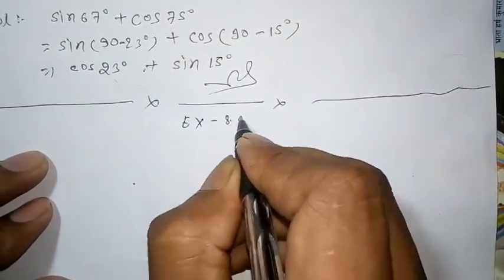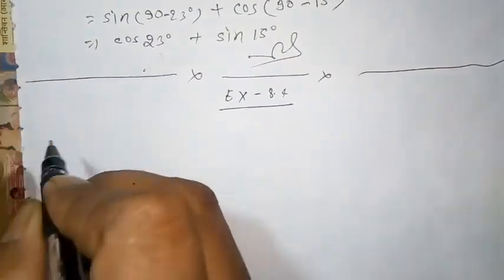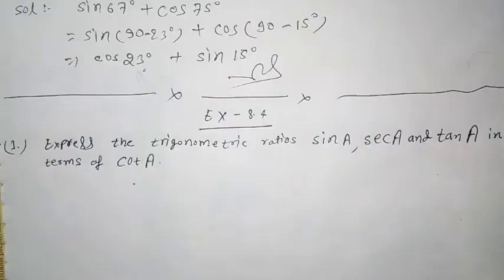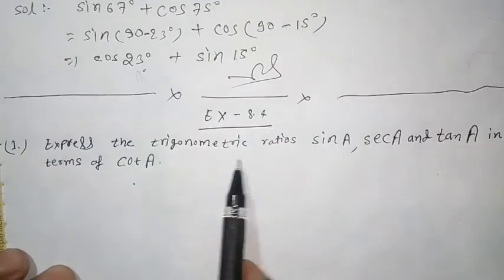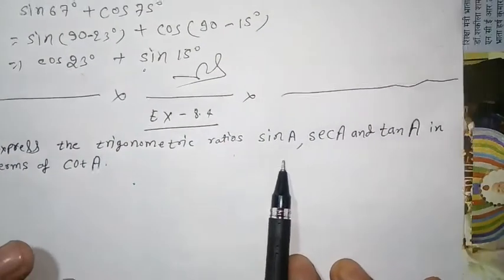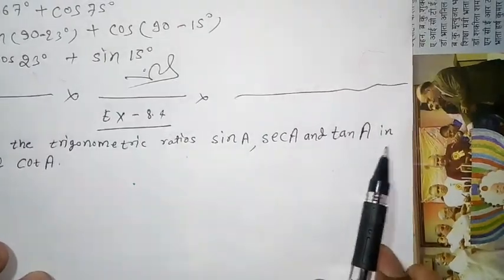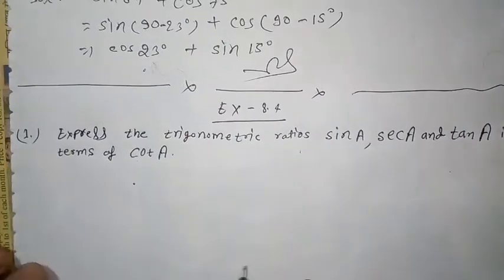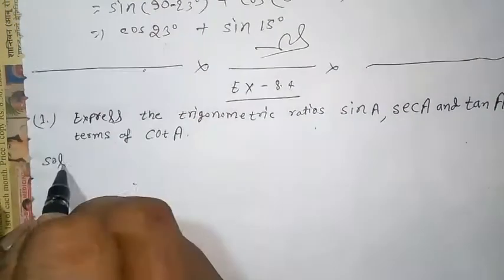Exercise 8.4. First question. Express the trigonometric ratios sin A, sec A and tan A in terms of cot A. Solution.